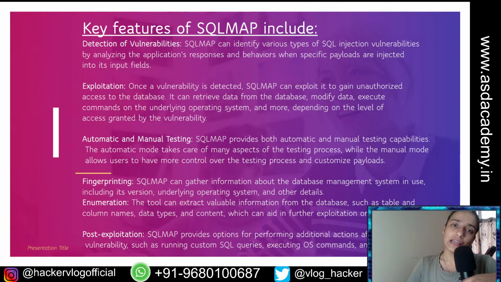So obviously, if we are taking any tool, it simply means that we have to be very conscious that we have to find the bugs in it. So for that, we have the detection of vulnerabilities first of all. SQLMAP can identify various types of SQL injection vulnerabilities by analyzing the application's responses.